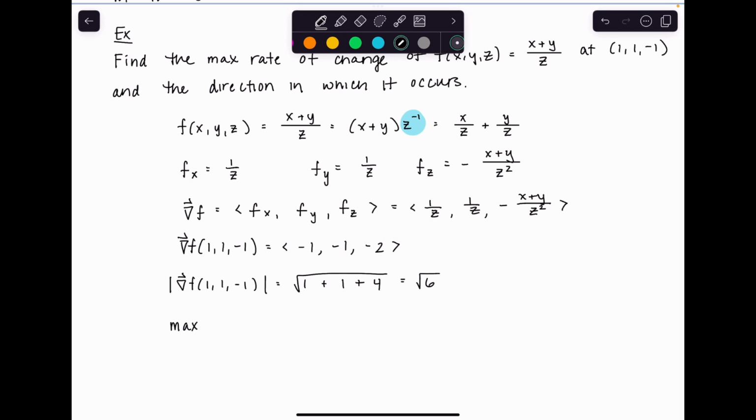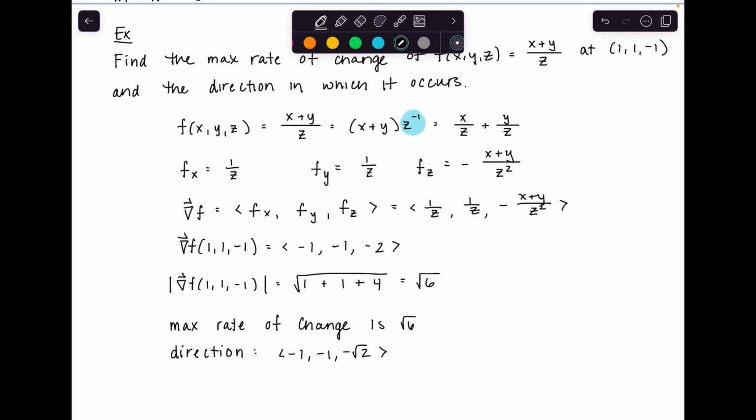So max rate of change is √6, and the direction is going to be this vector. You can make it a unit, but again, it's just asking for the direction.